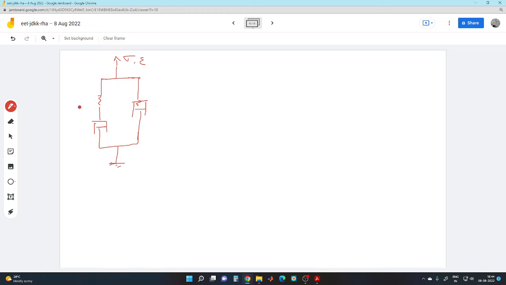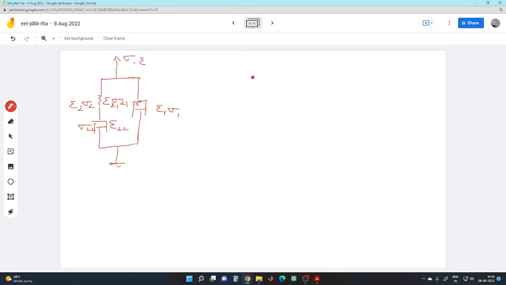So both the branches will have the same extension, so the same strain. If we call this branch 1, the strain is epsilon 1, and this branch has strain epsilon 2. This element has strain epsilon 2 1, and this has strain epsilon 2 2. Same goes for stress. This has sigma 1, sigma 2. This has sigma 2 1 and sigma 2 2.